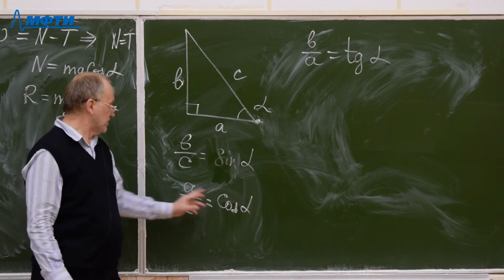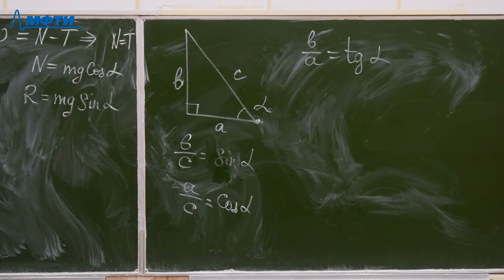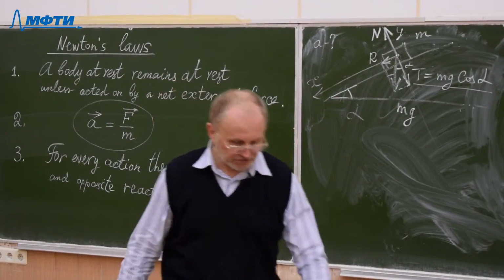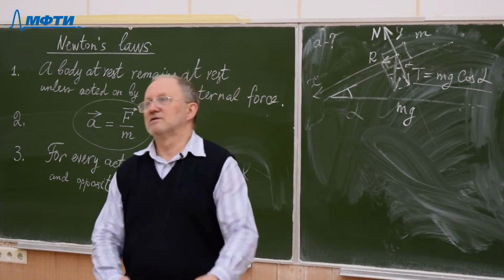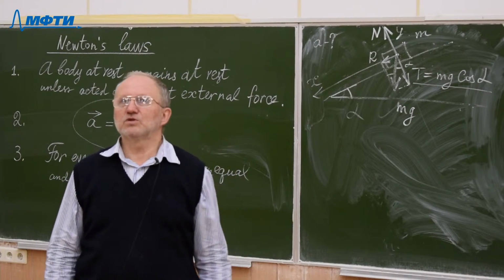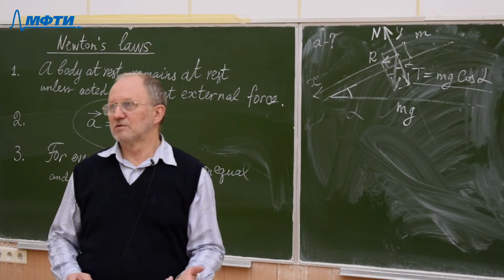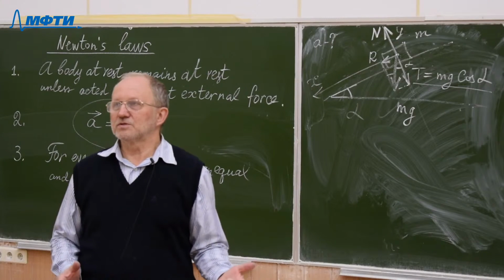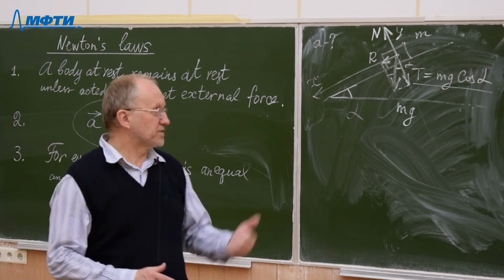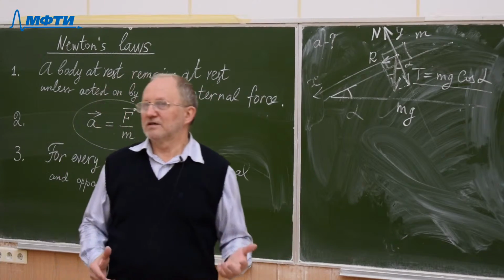Just by definition, A divided by C. You must know a lot of definitions of different mathematical and physical quantities. You must know what is the velocity, what is the acceleration, what is the force, what is the sine or cosine of an angle, etc.